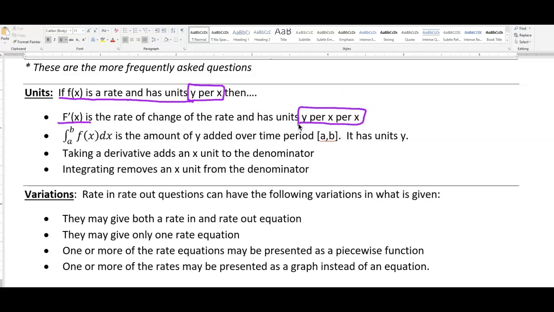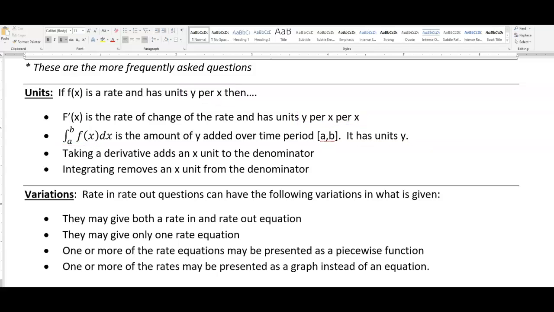Every time you take a derivative, you get another per x. So if this is already a per x, if you take a derivative, you get another per x, so it's y per x per x. Every time you take an integral, you lose a per x. So the integral of y per x becomes just y. Okay, so that's basically the idea there.